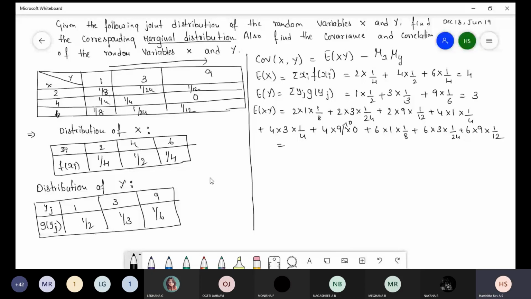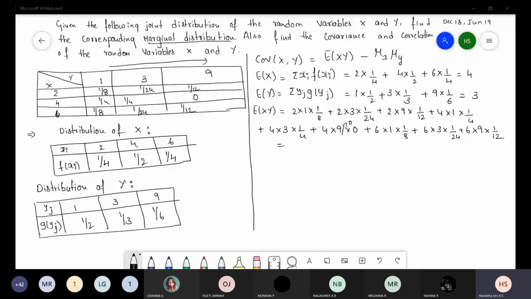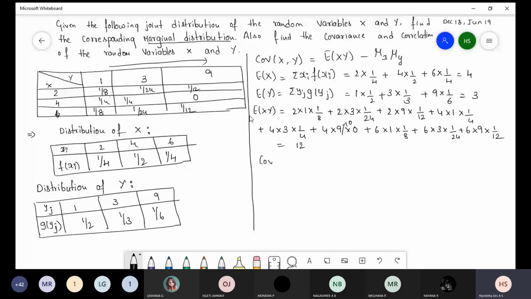The answer is 12. Substitute in the covariance formula: E of XY is 12 minus mu x, which is 4, into mu y, which is 3. So covariance of XY is 0.